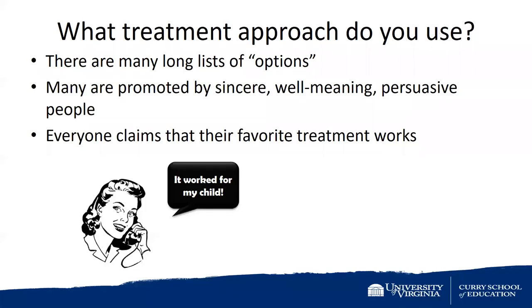Because oftentimes, when you're caring for a child with intellectual and developmental disabilities, you may feel alone in that process, or you may feel like it's difficult to access information about what the evidence is showing.